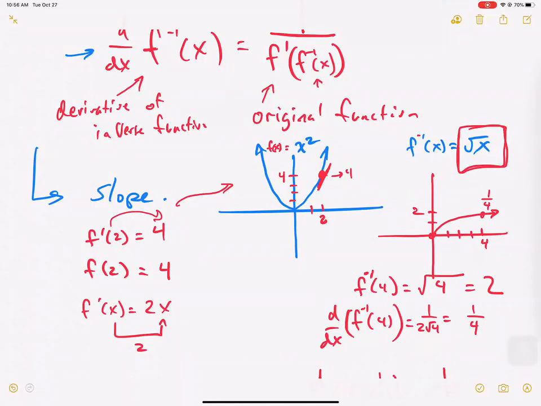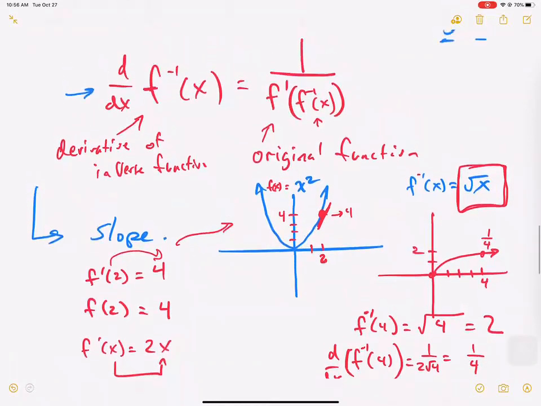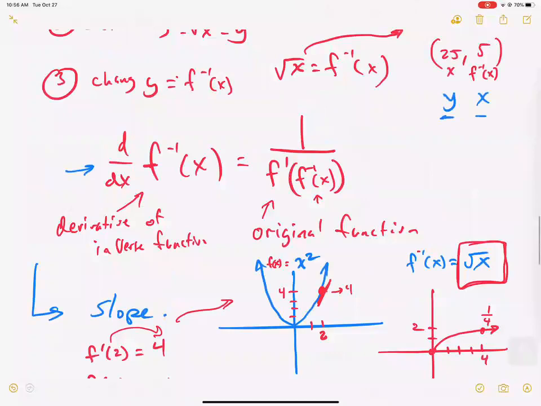The thing about this inverse rule, let's go back and look at the rule now, is that the derivative of the inverse is actually the same exact value as the derivative of the original equation, but plug in your y value back in. Well, this is your y and this is your x.